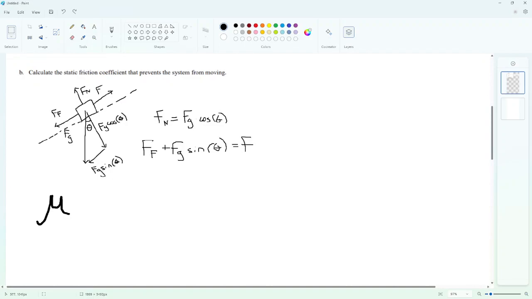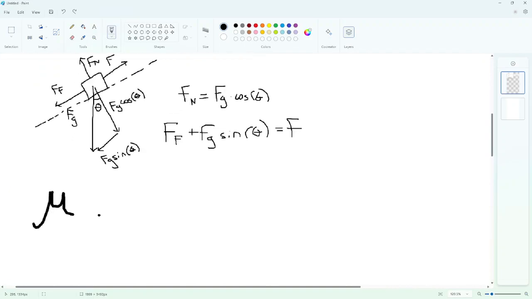And this just symbolizes, at least in friction, typically the coefficient of static or kinetic friction. In our case, it's going to be static friction. And as far as I know, most of you remember it's like this: coefficient of static friction times force normal is equal to force of static friction.